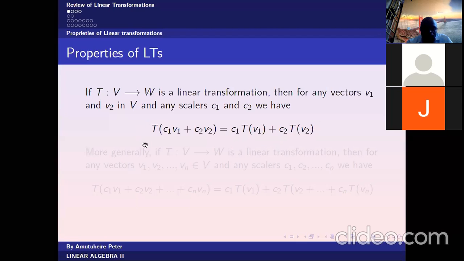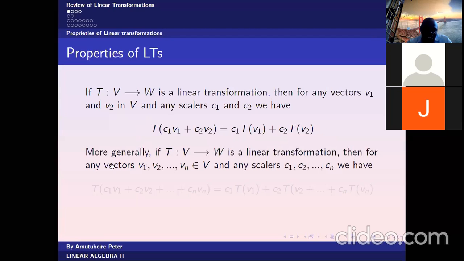If you can prove this property successfully, then you have combined property 1 and property 2. This is for 2 vectors, and it also works in general. More generally, if you have vectors V1, V2 up to Vn, and scalars up to Cn, then when you add them, the linearity should hold. So this is the first property.